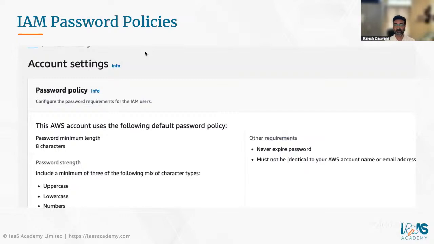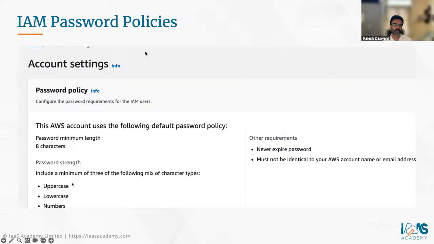IAM password policies. This is another topic that you'd like to see tested on the exam. So what are IAM password policies? Very simply, they allow you to define a password complexity rule for the account. And any user accounts, any IAM accounts you create in that AWS account will have to conform to those password complexity rules. So you can do things like, I want 12 characters in the password for your IAM users.